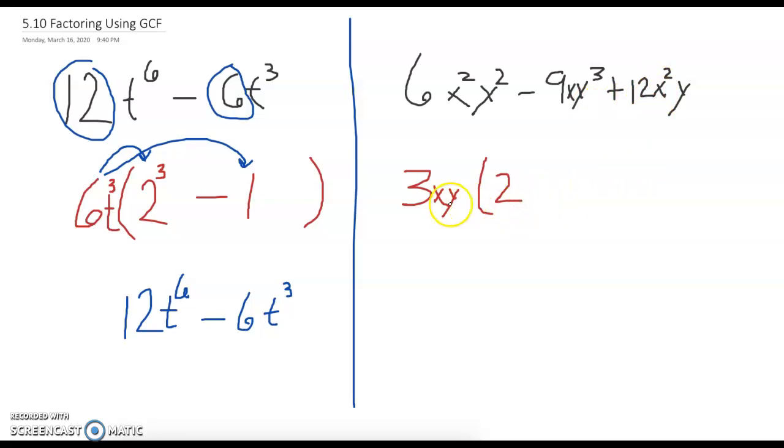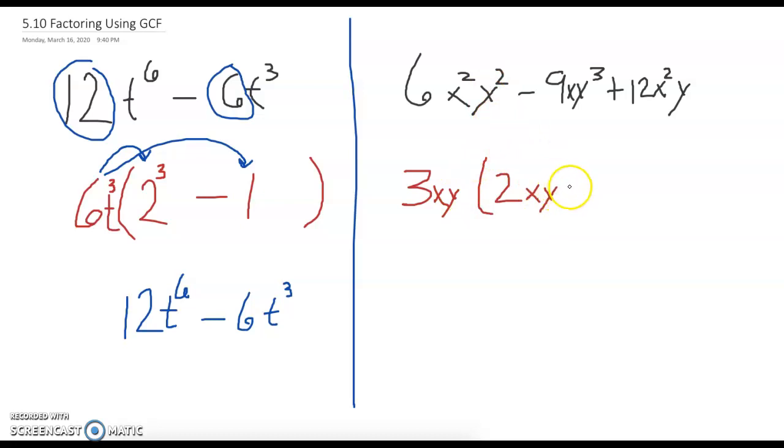We simply put x here, because when we multiply x times x you add the exponents, and that gives you x squared. You have y squared, you have a y, so you bring one more, and y times y gives you y squared.